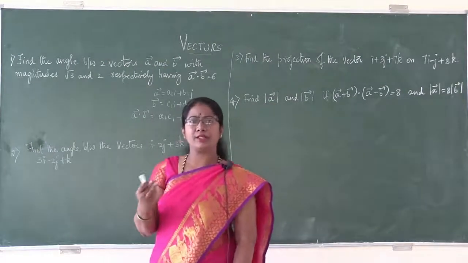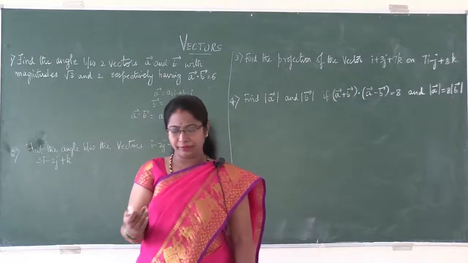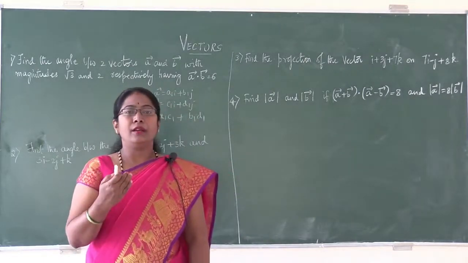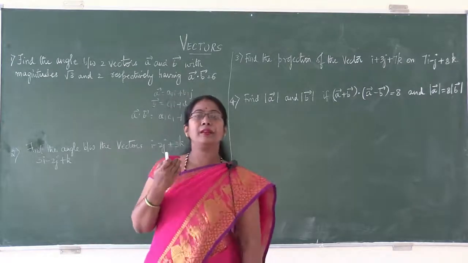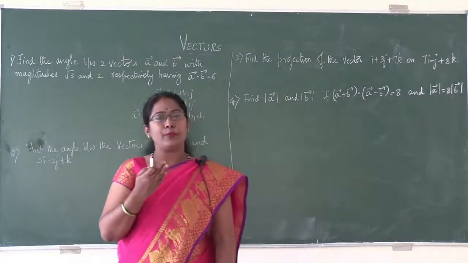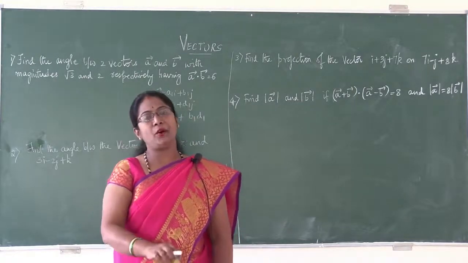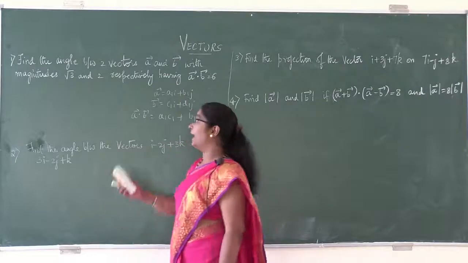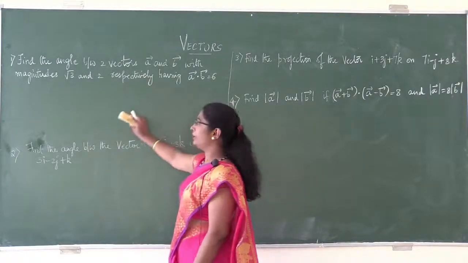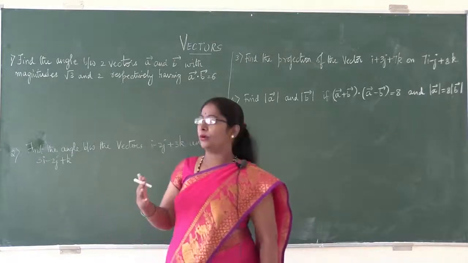With regards to ijk, it is A1 B1 plus A2 B2 plus A3 B3. This is all about the representation of dot product in component form. How do you define the projection of two vectors? Projection of vector A on vector B is defined as A dot B divided by magnitude of vector B. So keeping these properties in mind, we shall move on to the problems.